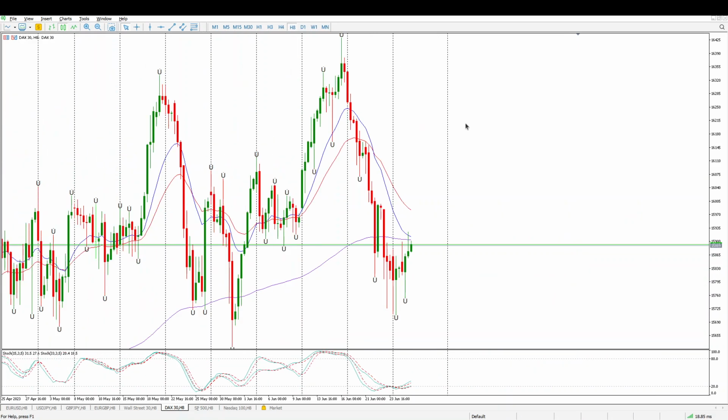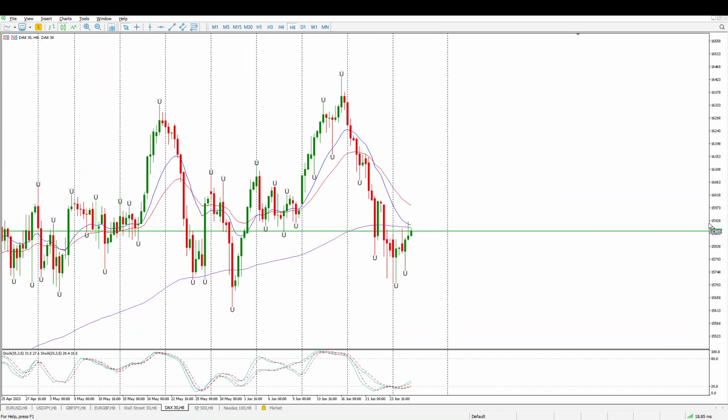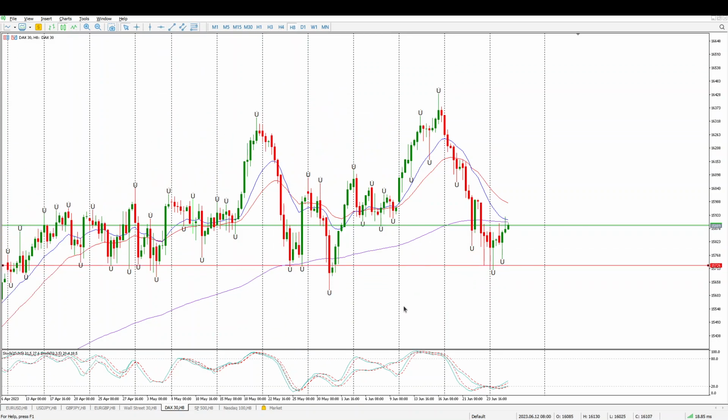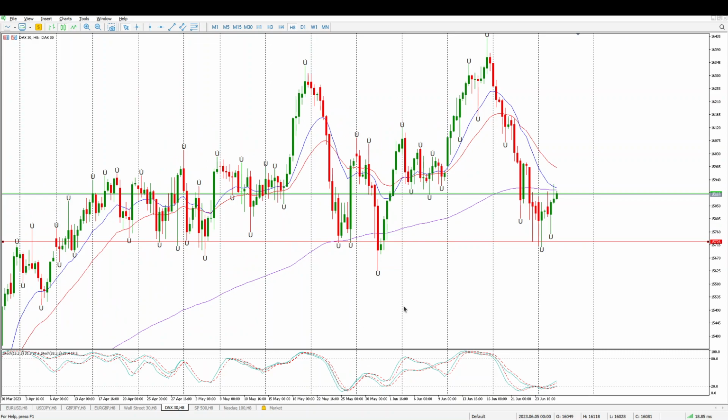So, what was going on yesterday? We had these buyers come in, and then we had this sell-off that happened. It was quite a long sell-off, and then the buyers came back in. So I think it's safe to say that that is the bottom of the range, and we're going to have to break through that with a lot of vigor before we can actually think about calling this a top.